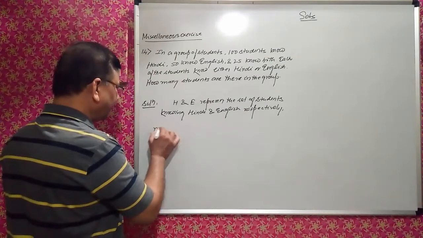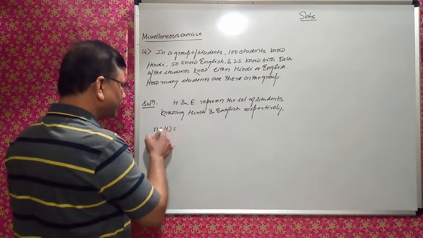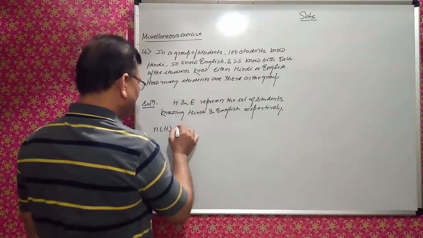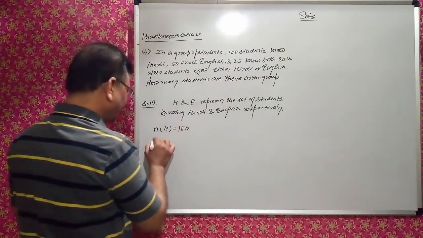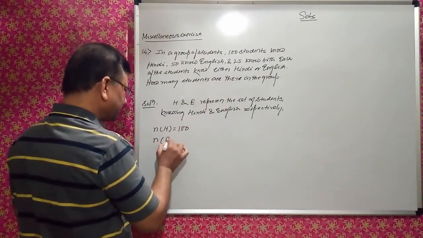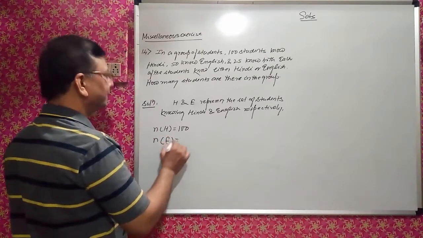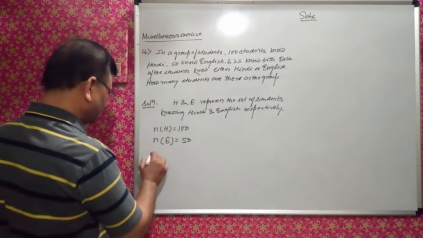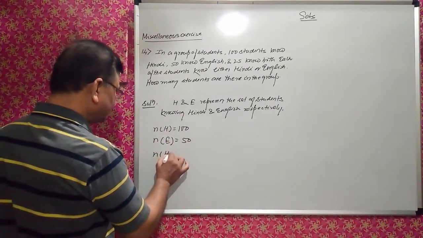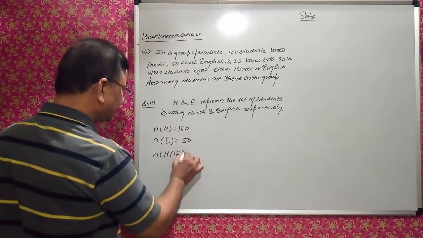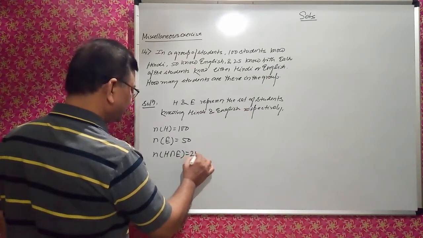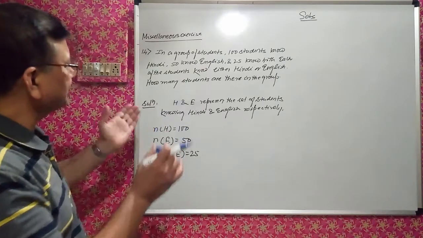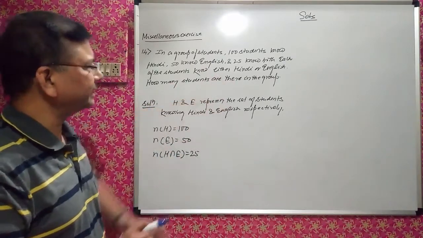And N(H), those who know Hindi, such number of students is 100. And those students who know English, how many are there? 50. And 25 know both. So N(H intersection E) is equal to how many? 25. We have to find how many total number of students. How many students are there in the group?